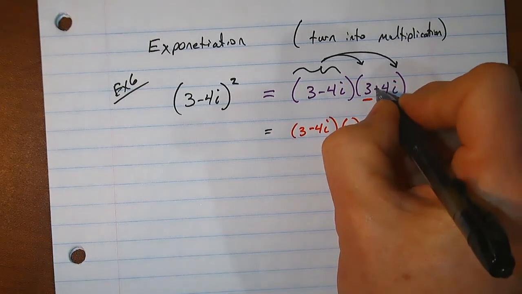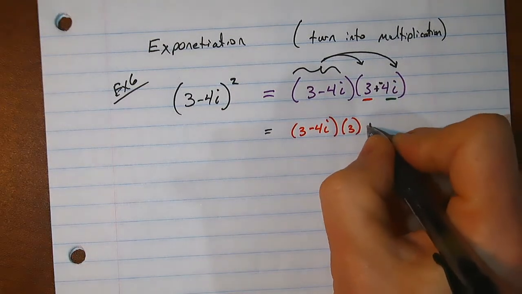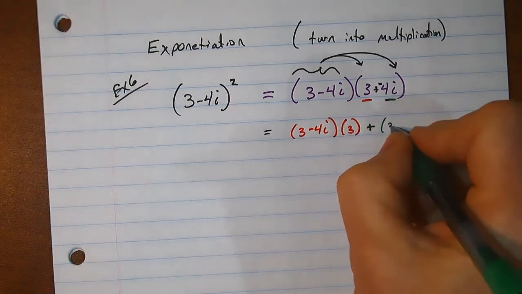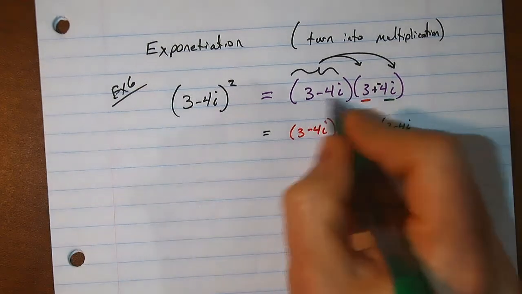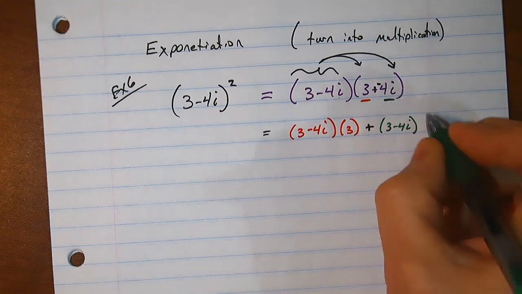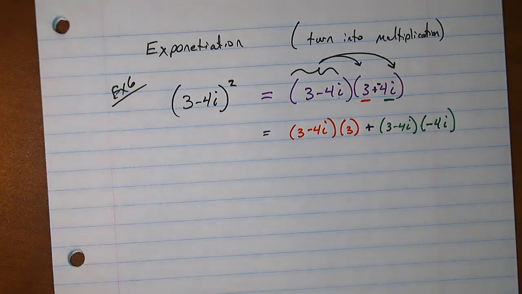So I'm going to turn this into plus -4. That lets me put a plus sign right here in the middle. And now I can distribute that first thing, 3 minus 4i, times just the imaginary part, which I'm going to call a -4i.